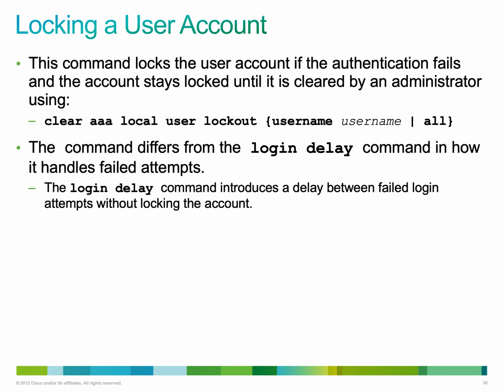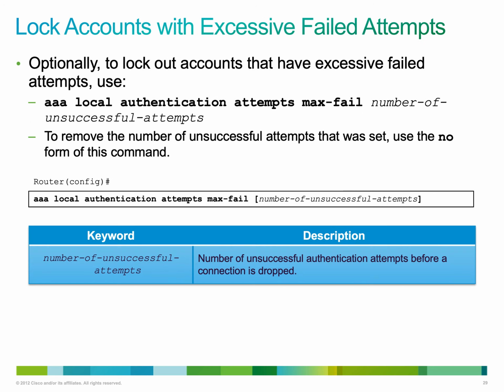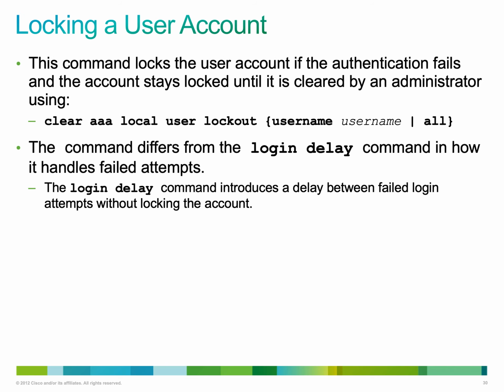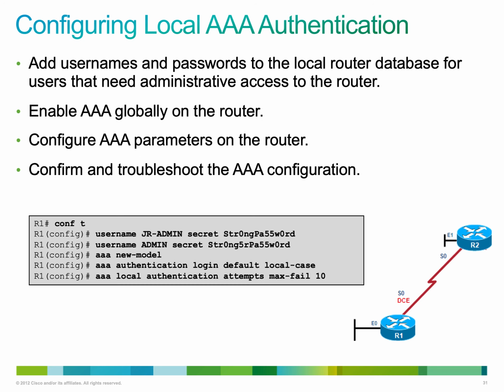The first one is to drop after a number of failures. This one is to block or lock the account after so many failures. Maybe the failed attempts is 10, we say lock the account until it is cleared by the administrator.